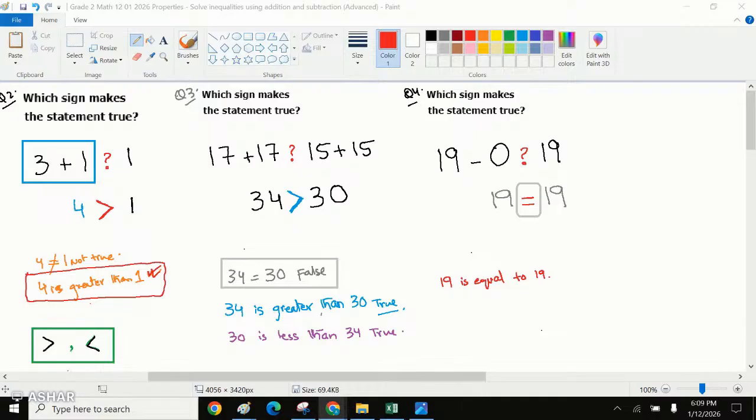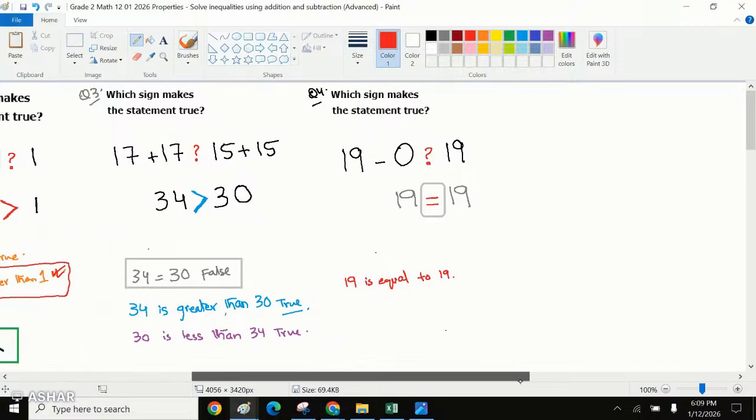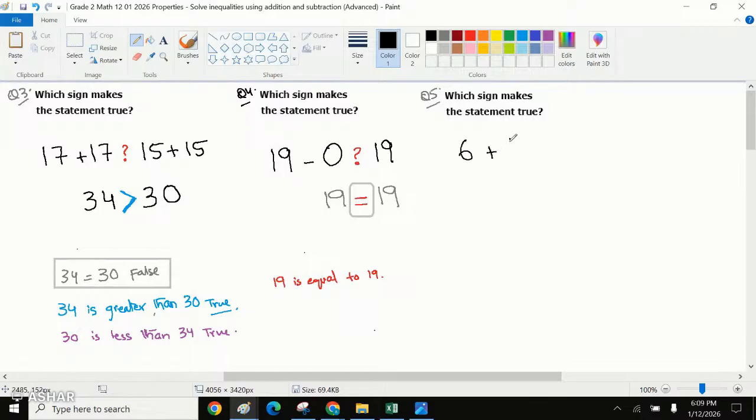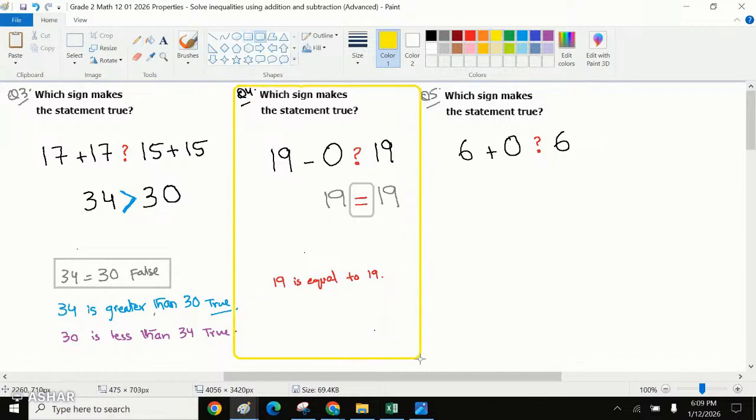Okay, let's look at the next one. In question number 5, they are saying 6 plus 0, a missing sign, and they say 6 over here. Okay, so what should it be? 6 plus 0.